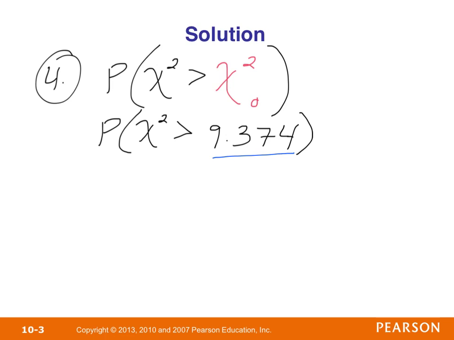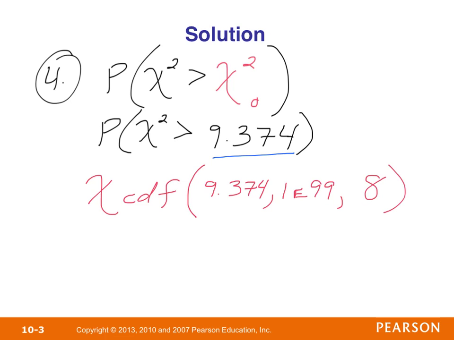But I'm going to call up my chi-squared CDF, my chi-squared cumulative density function from the distributions menu, and it takes a lower bound and an upper bound, so we want from 9.374 to infinity with degrees of freedom. So remember there were 9 data values, so 8 degrees of freedom. And if I execute that, I find that the probability, or my p-value, is equal to 0.3117. Right? Not that unlikely, right?